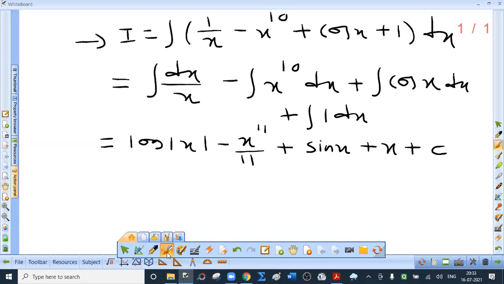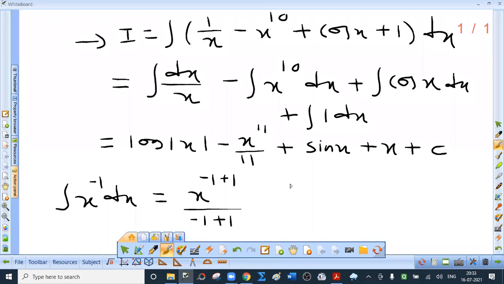Actually, the question is not wrong, but remember, you cannot use that formula. Let me explain. Suppose you say it is x raised to minus 1 plus 1 upon minus 1 plus 1. This is absurd. Why? Because denominator vanishes.